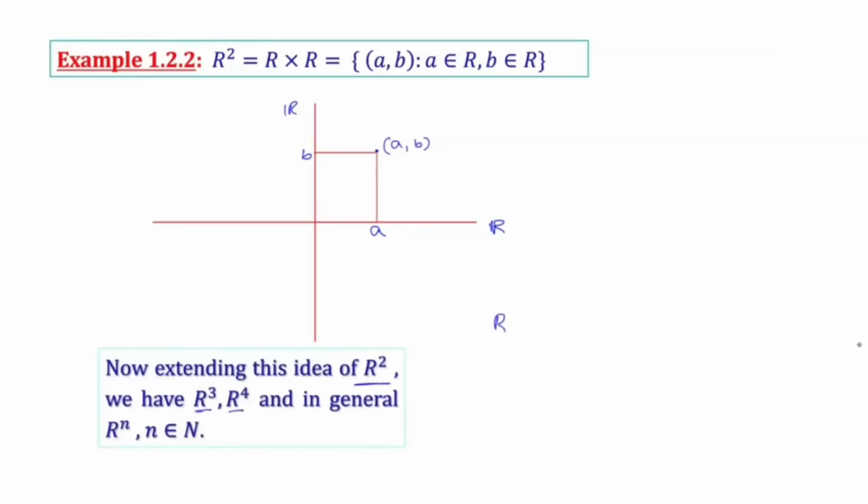Now this idea can be extended to R3, R4 and so on up to Rn, where R3 can be written as R cross R cross R, and R4 is R cross R cross R cross R, four copies of R. Next we will see how we can write the elements of Rn.